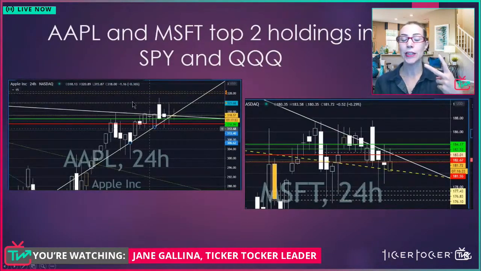Also, 2 major holdings. You guys hear me talk about this all the time. I do look at the holdings of the SPY and the QQQ to see what's going to happen to the index. When those top stocks are performing, if they're all up and the SPY is lagging, usually there's something that's lying. We had top 20% of the SPY a couple days ago was down and the SPY was still being held up.